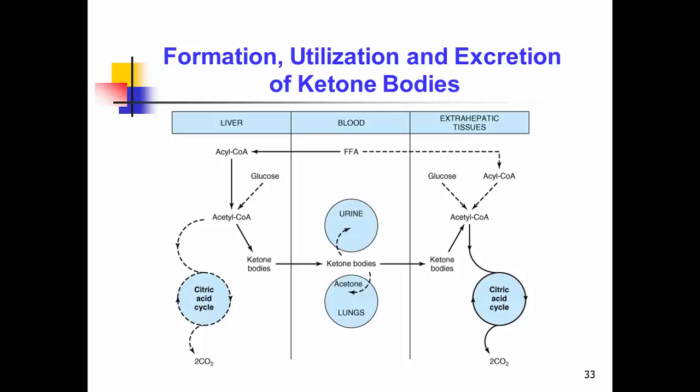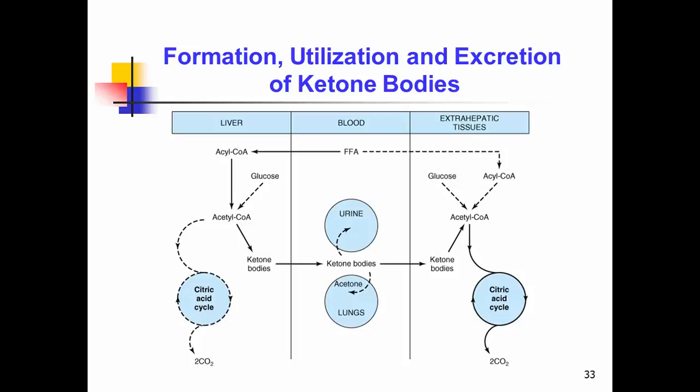So the liver picks up fatty acids from the circulation and synthesizes the ketone bodies, and then releases them back into circulation, and they are picked up by other tissues and utilized as energy in the tissue cells, right?